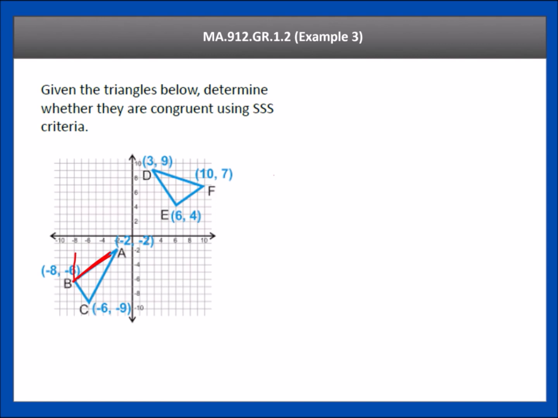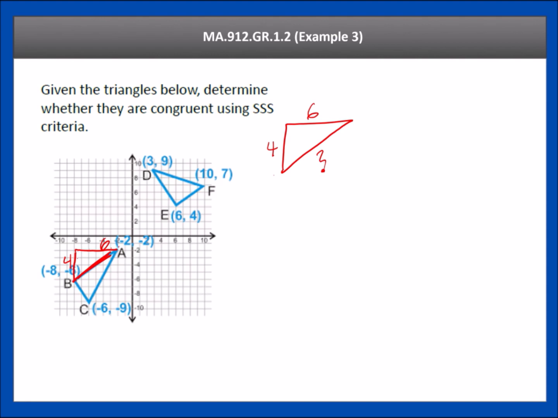To find the length of AB, you can count up and over. So it goes 1, 2, 3, 4. It goes up 4, and it goes over 1, 2, 3, 4, 5, 6 spaces. And then since we got 4 and 6, we want to figure out what this length is. We can figure out that length using the distance formula.